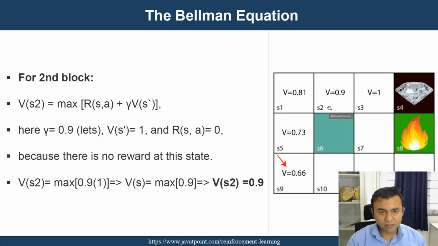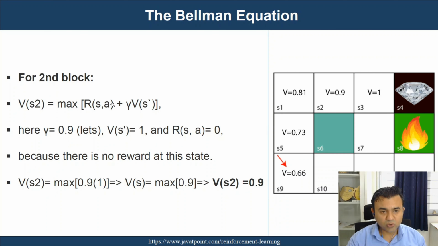0.9 is the discount factor, times the previous state Vs dash, which is 1, and R as A is 0. So the reward is 0, because there is no diamond here. At S2, whether I move to S3 or to S1, there is no diamond, so the reward is 0.